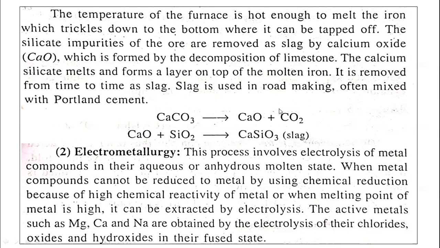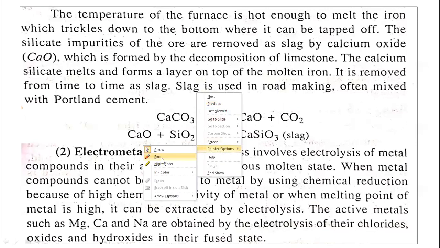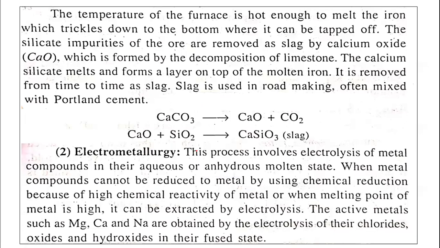Now the second type of metallurgy is electrometallurgy. What is electrometallurgy? Let us discuss this. This process involves electrolysis of metal compounds in their aqueous or anhydrous molten state.